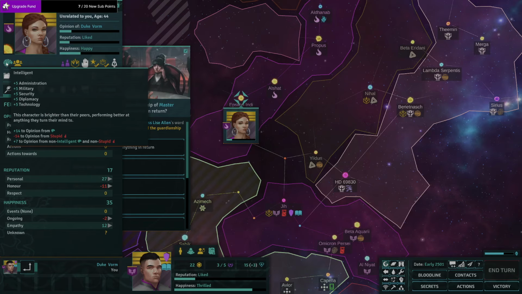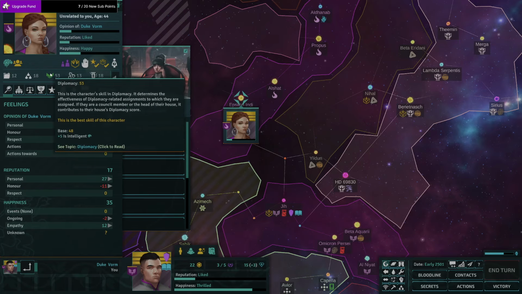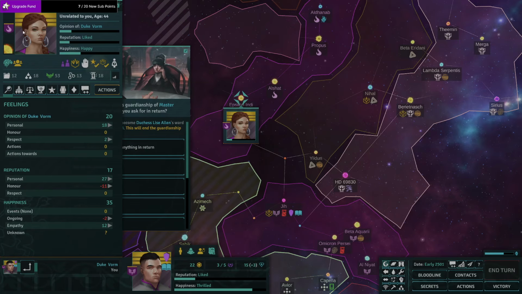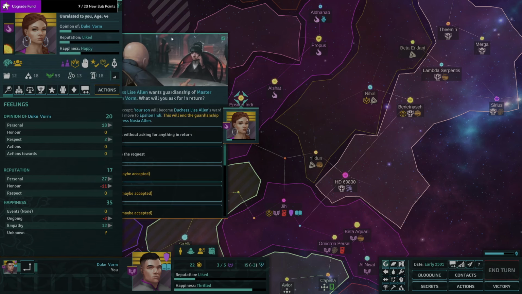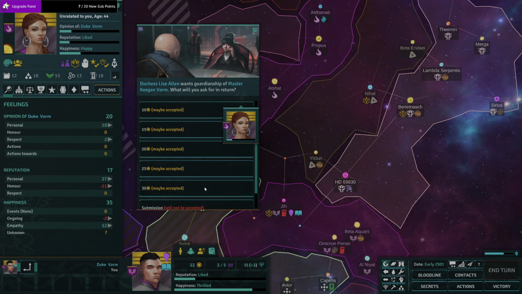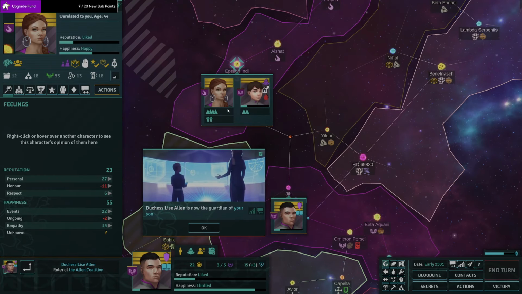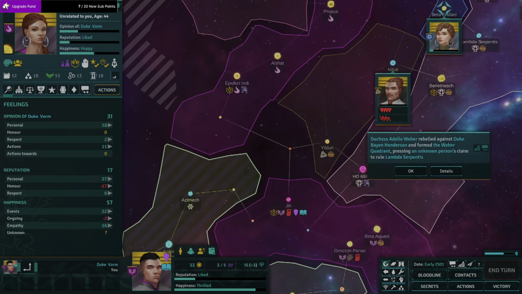She is intelligent, +5 to all the stats, but she's also tribal. Let's say yes. Why not? Do I ask for some cash? I don't think I'm going to ask for some cash. Let's just say yes. So, big reputation bump and all that good stuff.